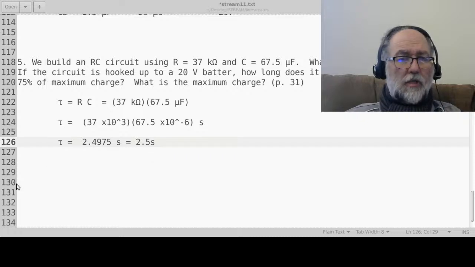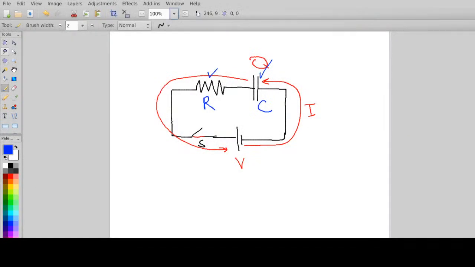Now, what is that time constant? Let me just draw the next thing for you. I'll do this on the same diagram as before. If you were to plot the charge on the capacitor versus time, it starts at t equals 0. That's when you close the switch.